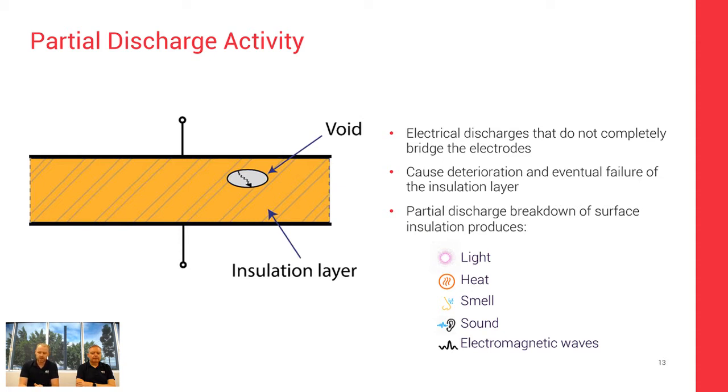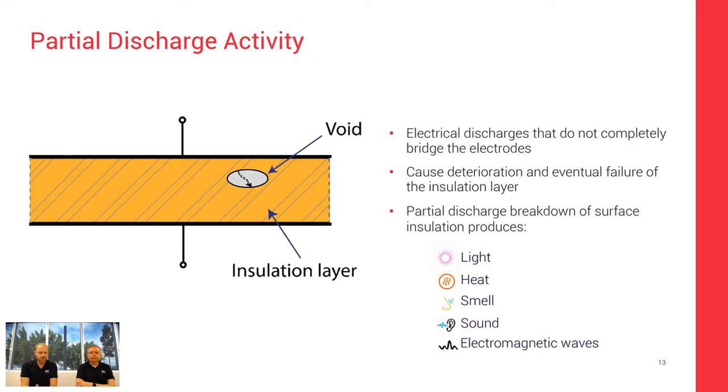So if you walk into a substation or close to a HV asset, and you can either see some sparking going on, or you can see some heat or evidence of heat, if you can smell gases that shouldn't be in there, namely ozone gas, or if you can hear discharge and sparking and arcing going on, you've very likely already found partial discharge just by using your own senses.